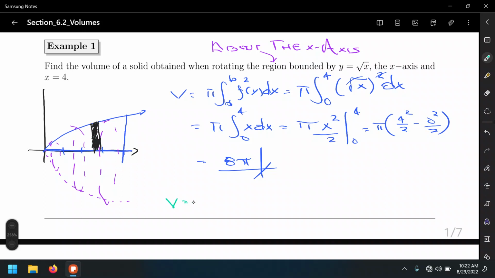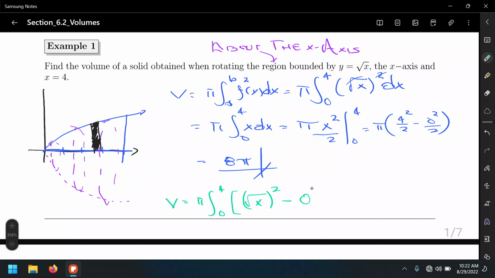So volume equals pi integral from 0 to 4 of the square root of x, squared, minus, what's the bottom function in this case? 0, right?